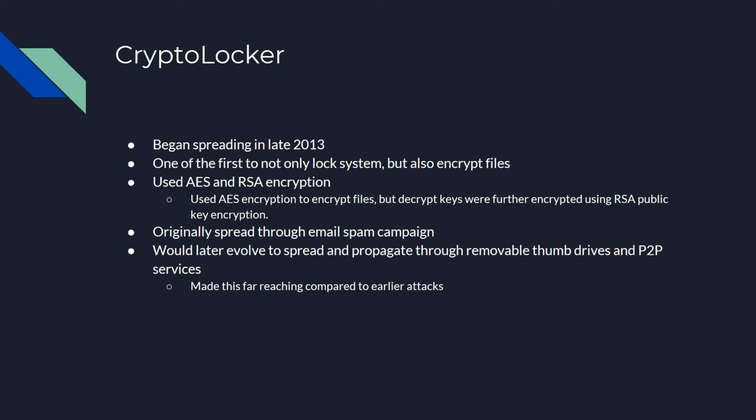Like a lot of ransomware, this one was spread through email spam, and eventually, as this virus was developed further, the team behind it gave it the ability to spread through removable thumb drives and even peer-to-peer services. So this was really one of the first big ransomware attacks because it was a lot more far-reaching.